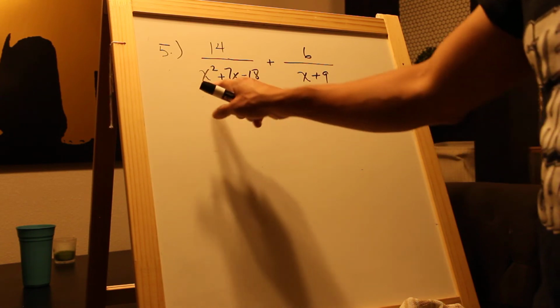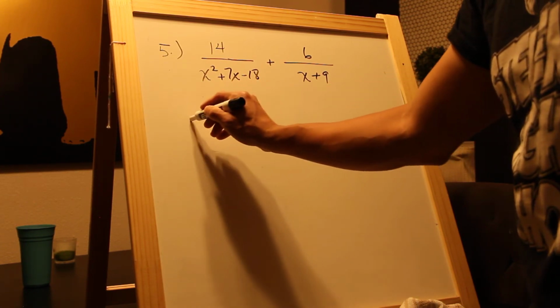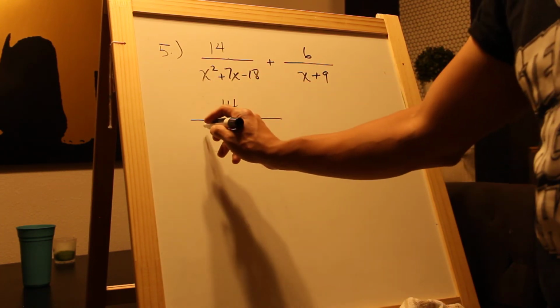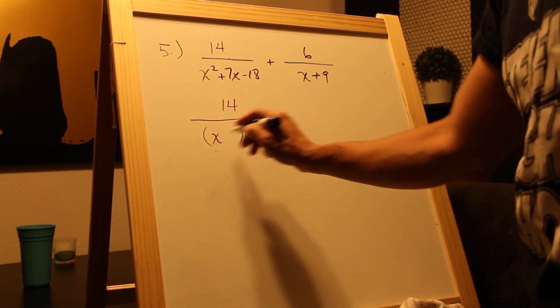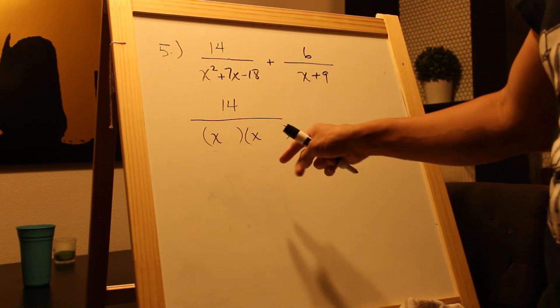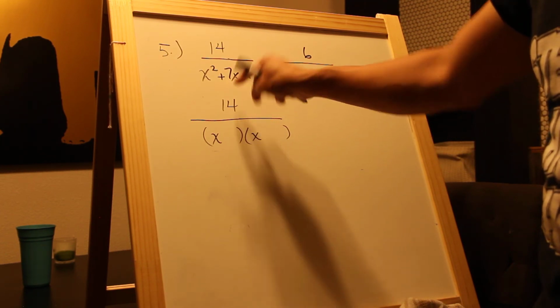Okay? So if I factor this apart, x squared plus 7x minus 18 will give me x times x in both binomials, and I need to figure out what factors of negative 18 give me 7.